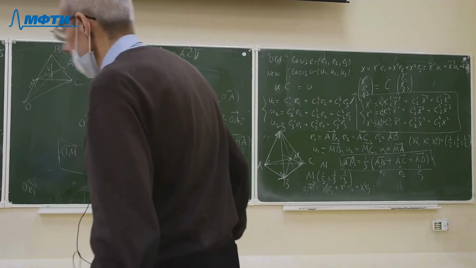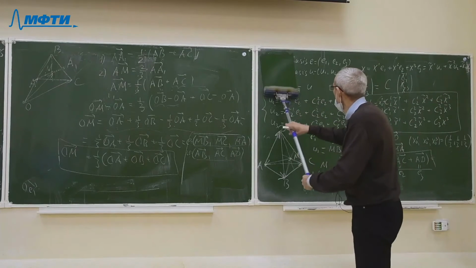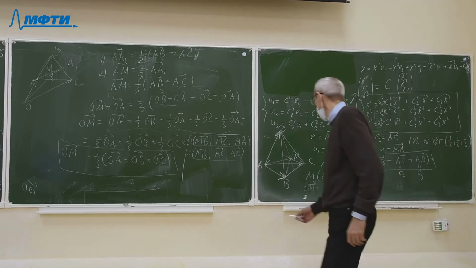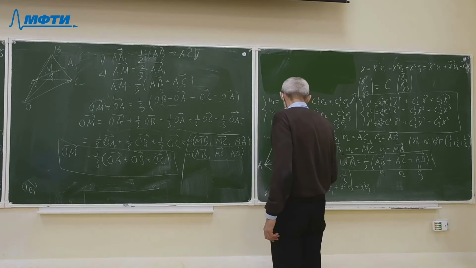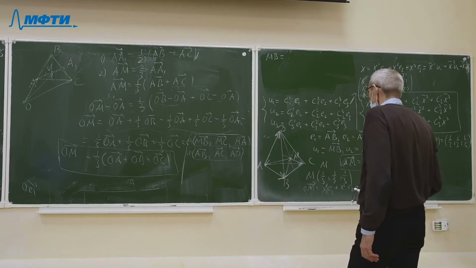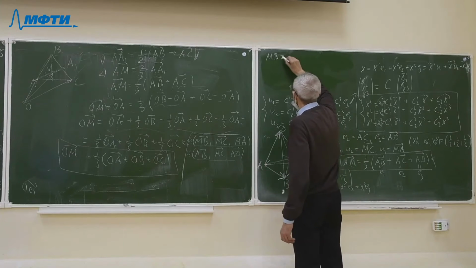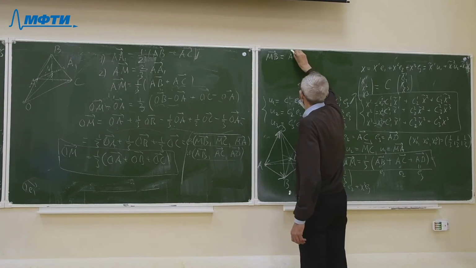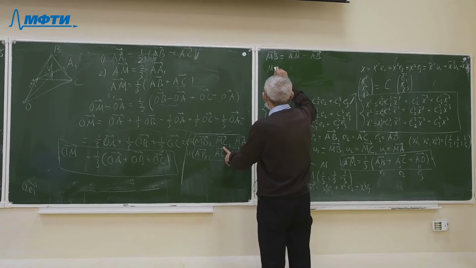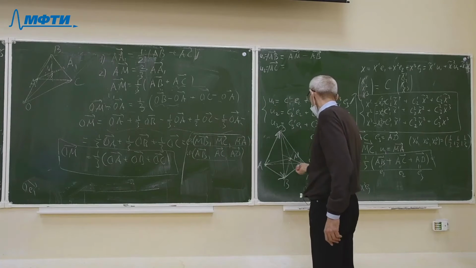And it is easy to see that, for example, MB is equal to the difference AB minus AM. MC is AC minus AM.